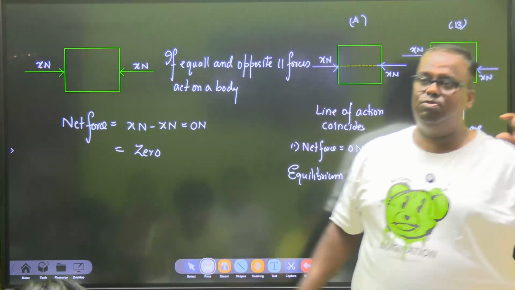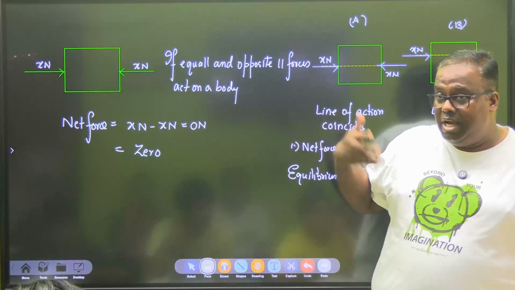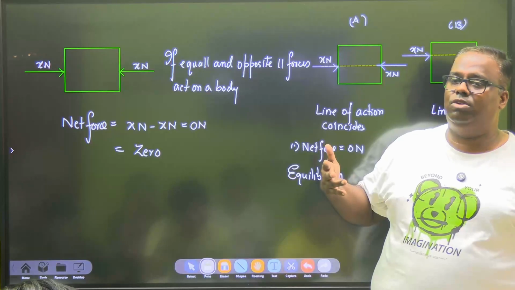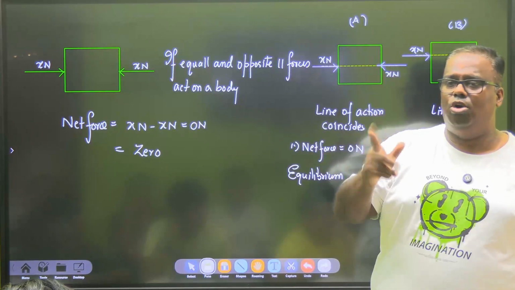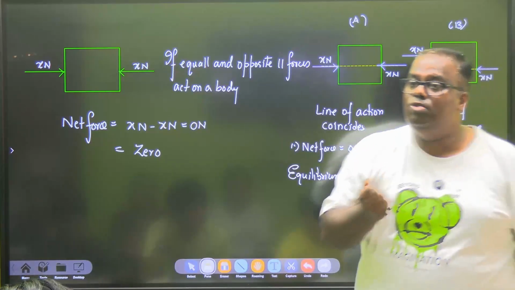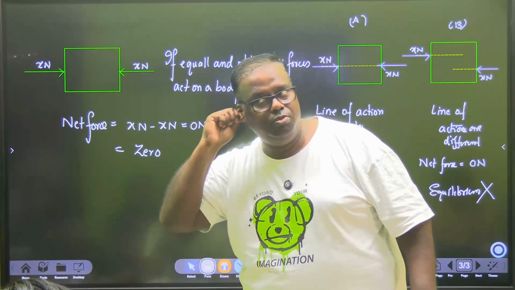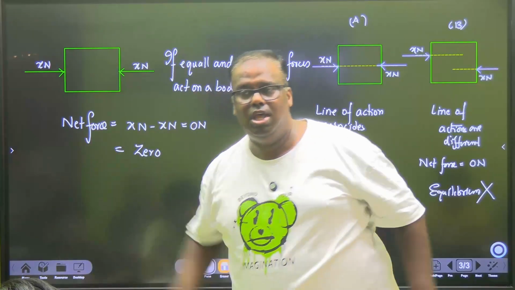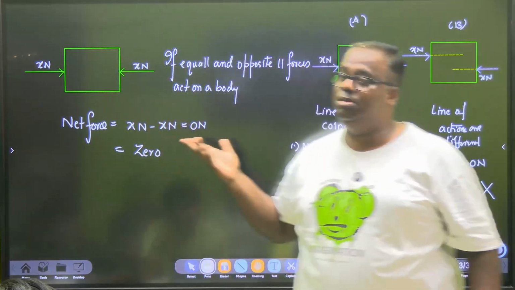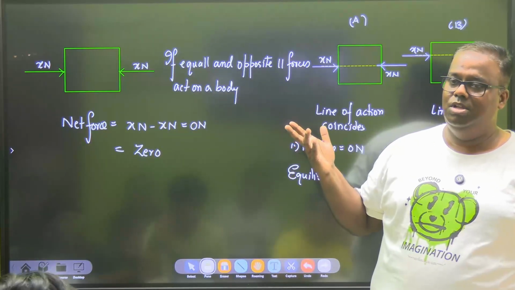The net force is found by the difference. What is the net impact on the body? The net impact on the body is like a single force. Ultimately, your body has to be brought into one force. That one force is the net force. Pull me with 2 Newton here, another 3 Newton here, replace these two and just pull me with 5 Newton. That's the same thing. Have you understood?